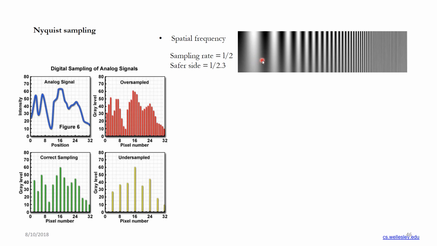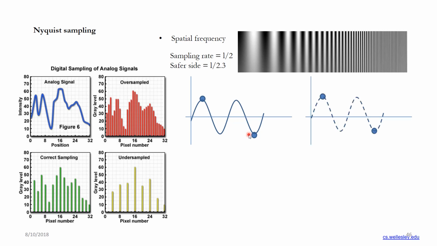So here's an example. Say suppose I had a signal like this and I sampled slowly and I got a bright spot and a dark spot. Now if I want to recreate using these, I can fit a sinusoidal function of this frequency, but I can also fit another sinusoidal function of this type, right? Which one is the correct? I don't know. You cannot tell.